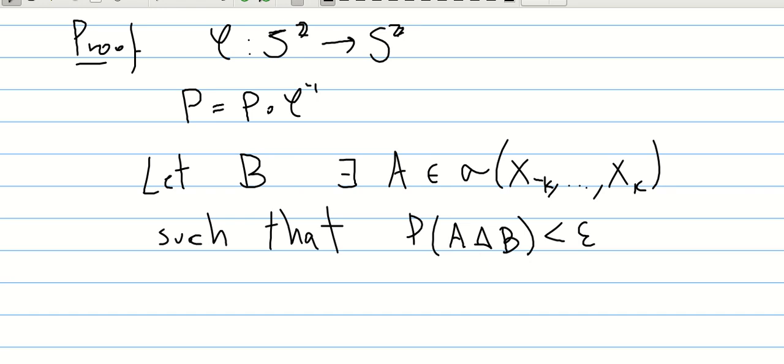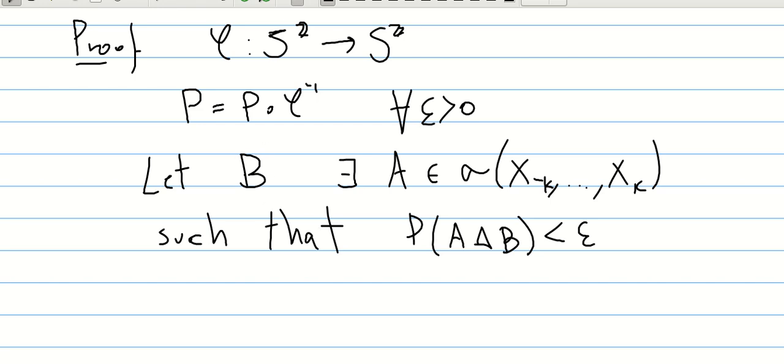The probability of the symmetric difference is smaller than epsilon. So for every epsilon and every event, we can approximate this event by an event that's supported on finitely many projections.